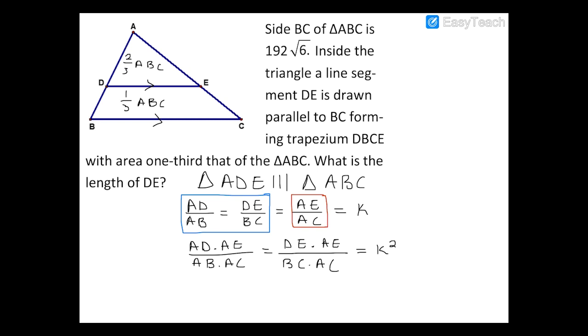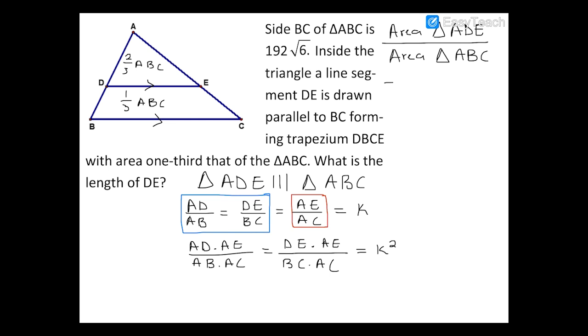If I take the area of ABC from two similar triangles here, the area of ADE, and I divide the area of ADE by the area of ABC, what do you think will happen? Let's just find out. Now, I'm going to take the area of triangle ADE and divide it by the area of triangle ABC.